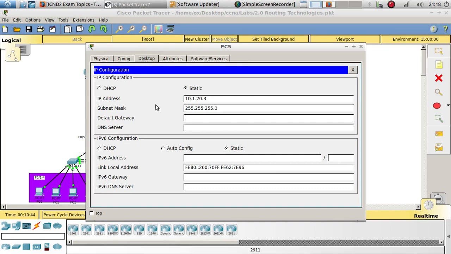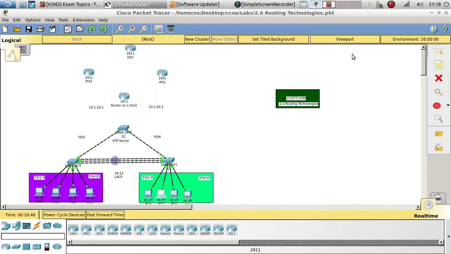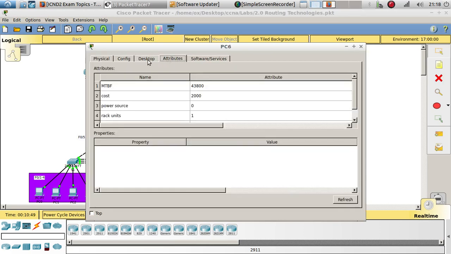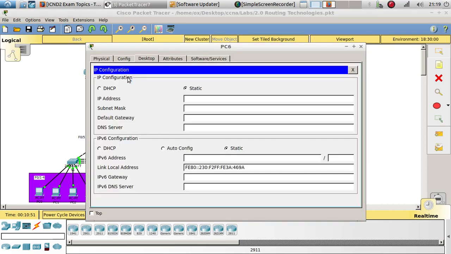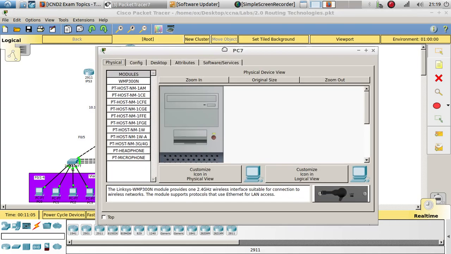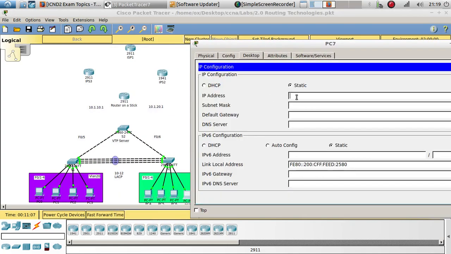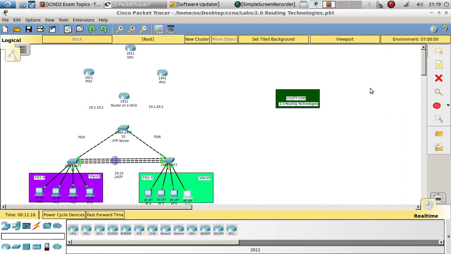That's a default gateway. This one's going to be number 4, so 10.1.20.1. Let's also configure this computer over here, number 5. The default gateway is this one. All right, so this is all configured.